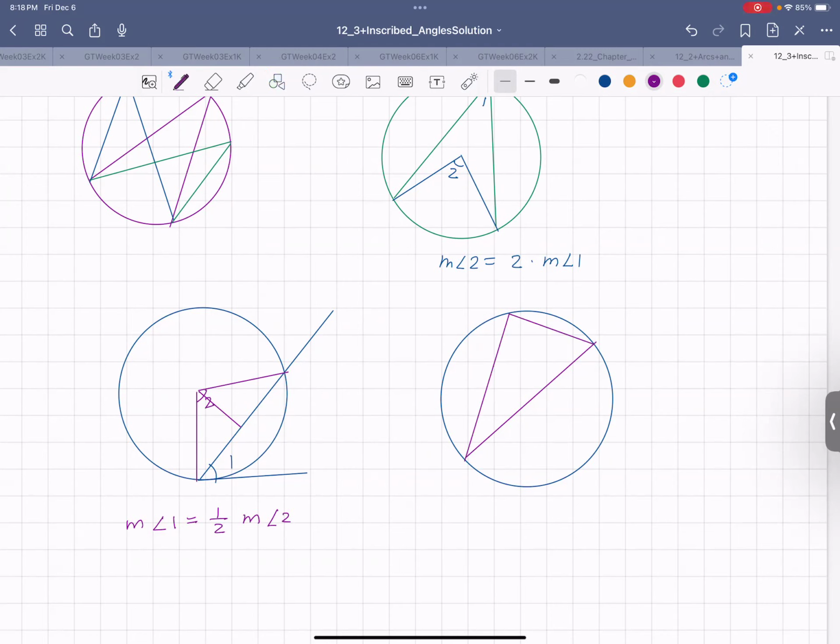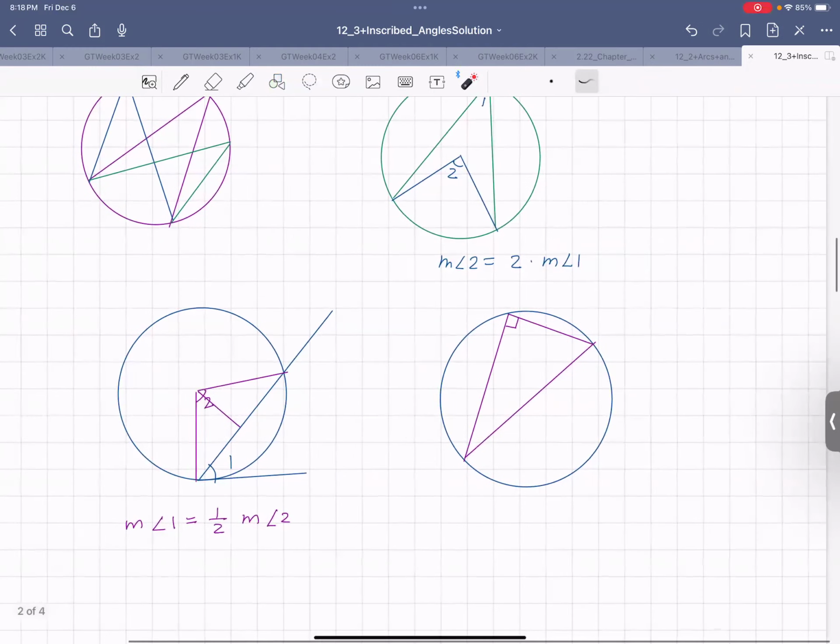Can you label the angles? So if I say this is angle 1, how much is angle 1? Angle 1 is 90 degrees. Yes, this guy is 90 degrees, because this is a half of this. Now you do one more.